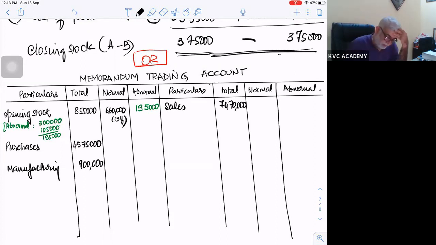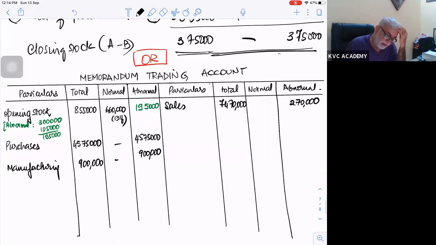The purchases and the expenses were only for this, 4575 and 9 lakh. Sale: 2,70,000 was the abnormal sale. The item was sold for 2,70,000. And the normal item becomes 72,70,000.